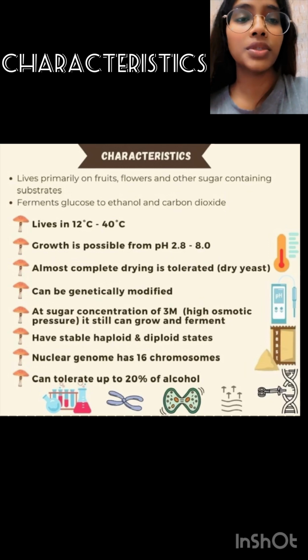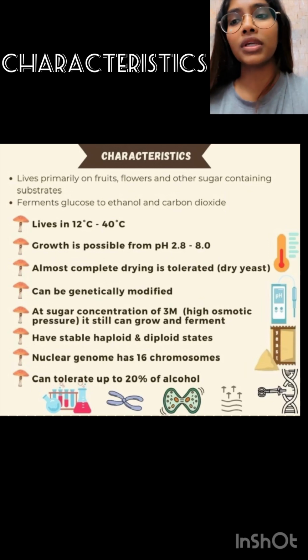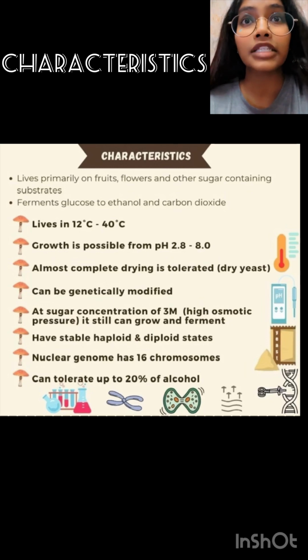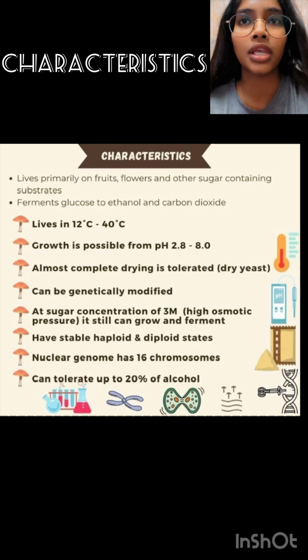It can also be genetically modified, meaning we can add or remove certain parts of the DNA in the cell. The next point is that in high concentration of sugar or high osmotic pressure, this Saccharomyces cerevisiae can still grow and do the fermentation. It is also stable in both haploid and diploid states.